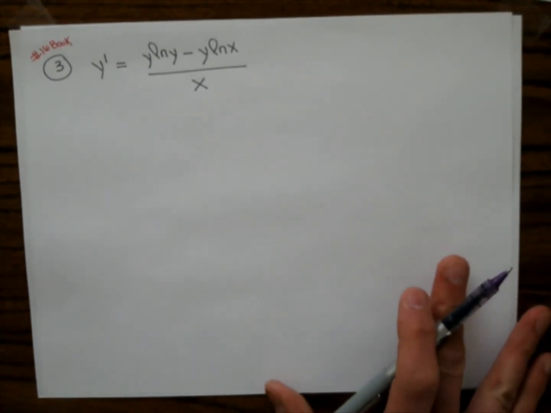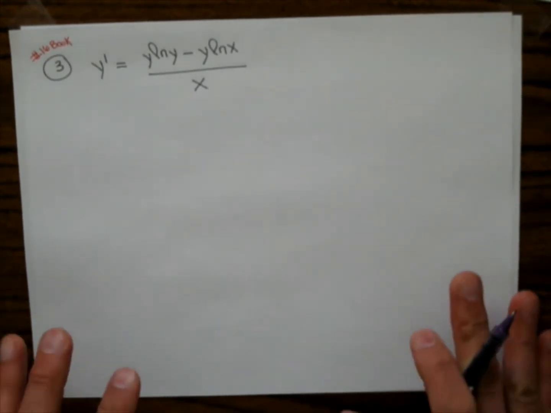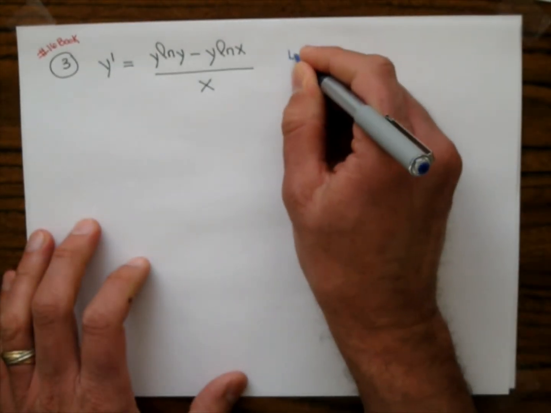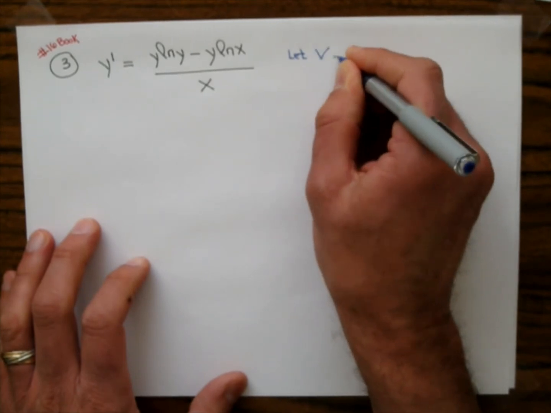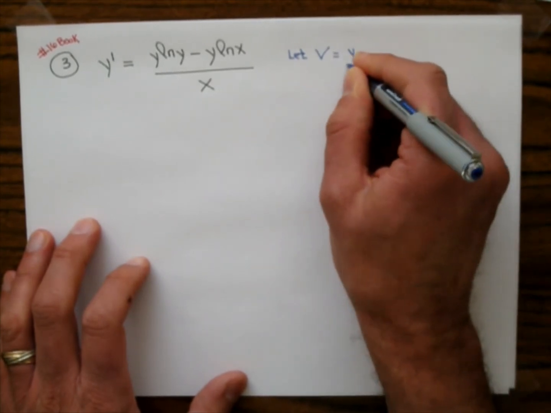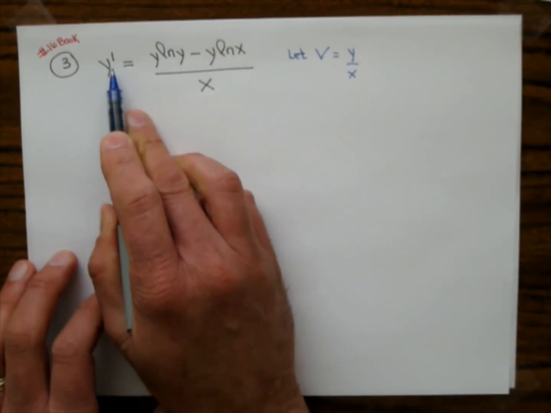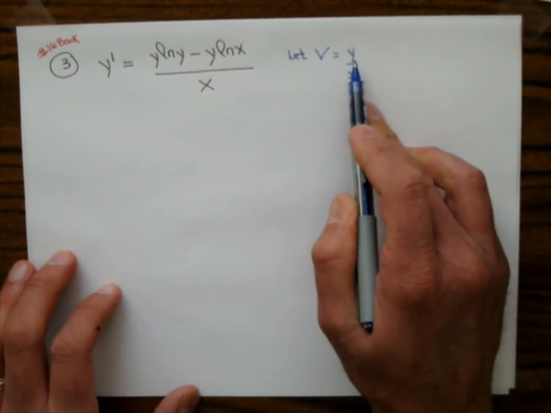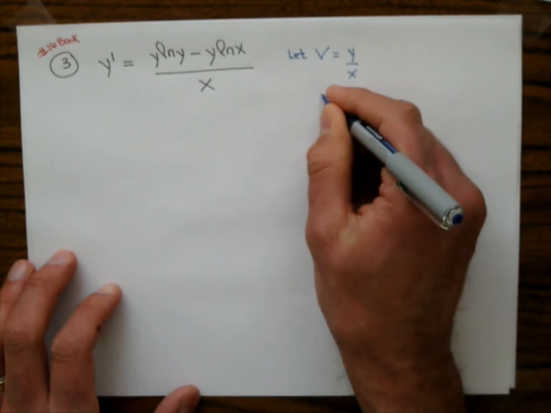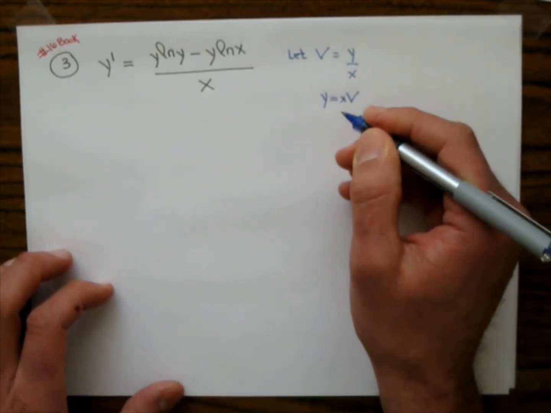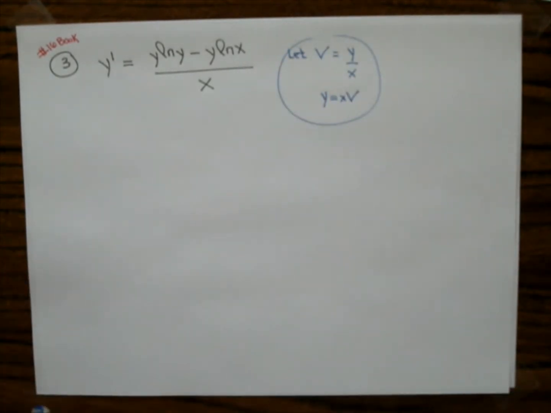So let's go ahead and solve this. How do I solve this? I'm going to do a v substitution. I'm going to let v equal y over x. The way I remember this is that y prime is dy over dx, so that helps jog my memory. I have y equals x times v, so that's going to be my substitution.